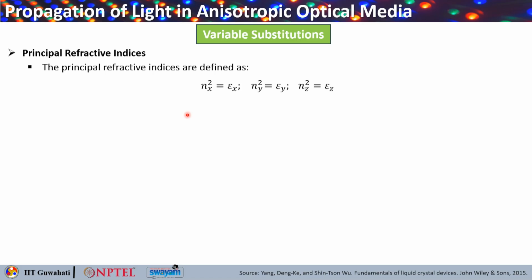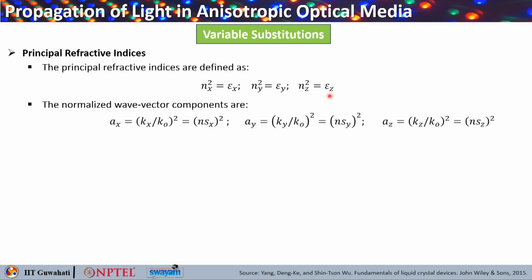So, now let us do the variable substitution. We can define the principal refractive indices as nx square equal to epsilon x, ny square equal to epsilon y, and nz square equal to epsilon z. Again, we consider here one assumption that this material is non-absorbing.